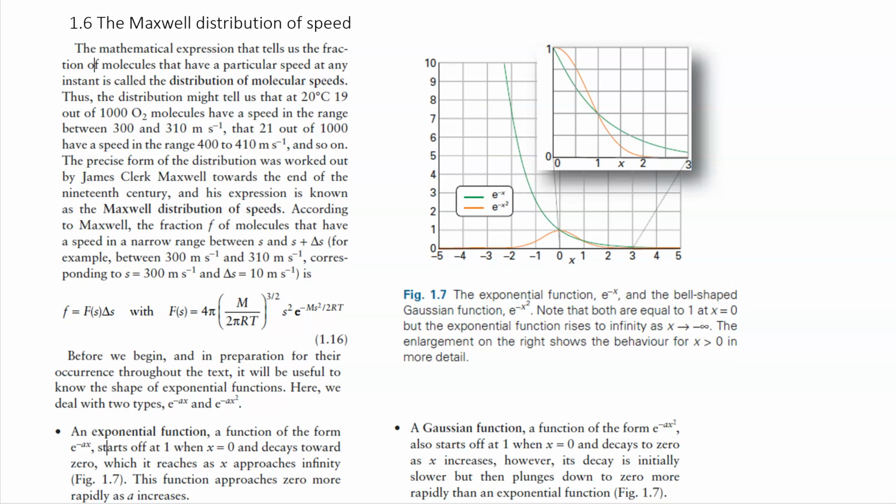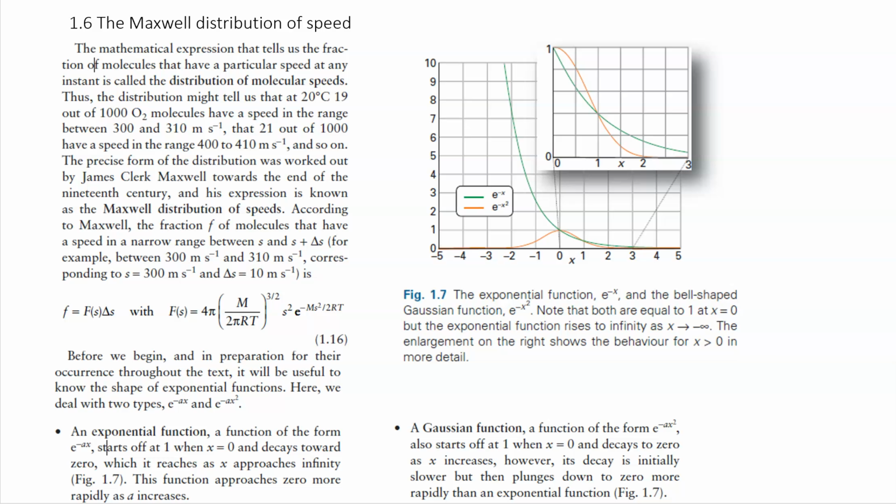A distribution might tell us that at 20 degrees Celsius, 19 out of 1,000 oxygen molecules have a speed in the range between 300 and 310 meters per second, and that 21 of 1,000 of them have a speed between 400 and 410 meters per second, and so on.